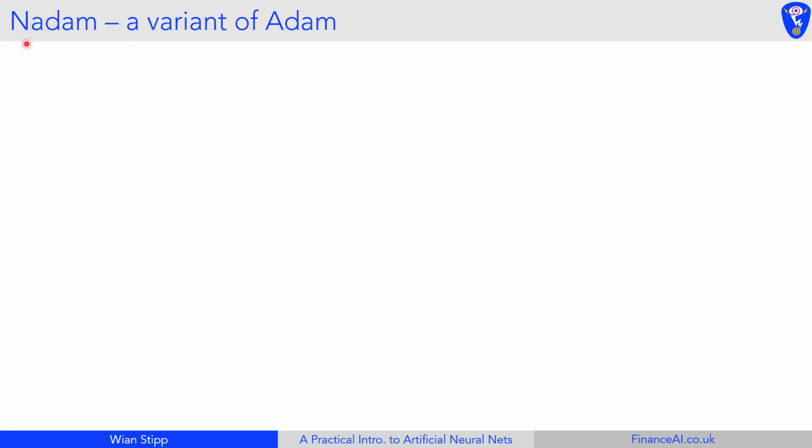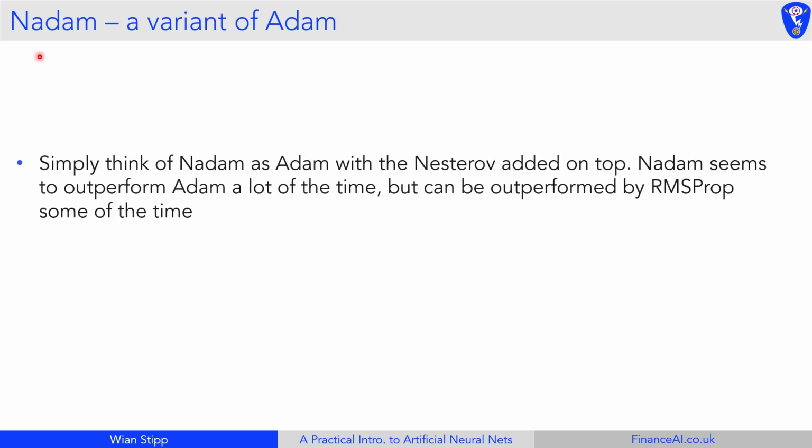Now, okay, finally, one of the best optimizers, Nadam. Nadam is not much different to Adam at all, actually. You can just think of Nadam as Adam, but with the Nesterov added on top. And remember, Nesterov is a way you kind of peek ahead a little bit and compute the gradient for that point.